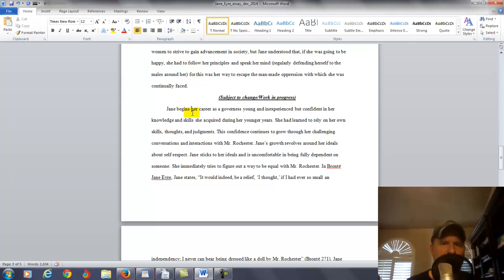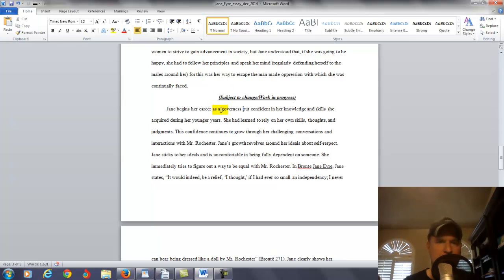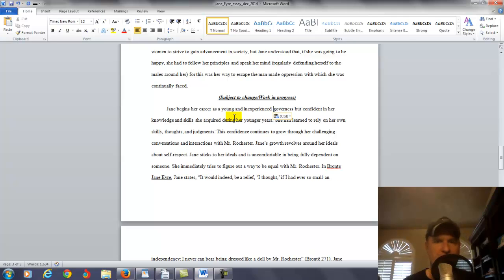Jane begins her career as a governess. As a young and inexperienced governess, but confident in her knowledge and skills she acquired during her younger years.